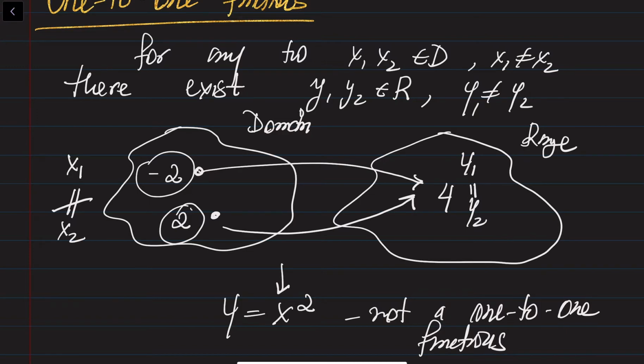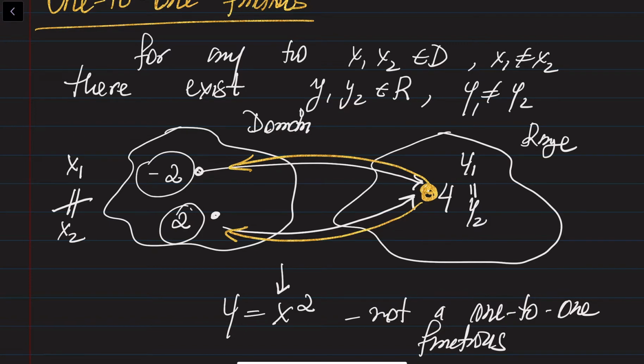In this regard, it is really important for us to identify whether your function is one-to-one in order to identify the inverse, right? Because the inverse means that you need to come back from the 4 to the domain. If you remember, a point with two destinations cannot be a function.